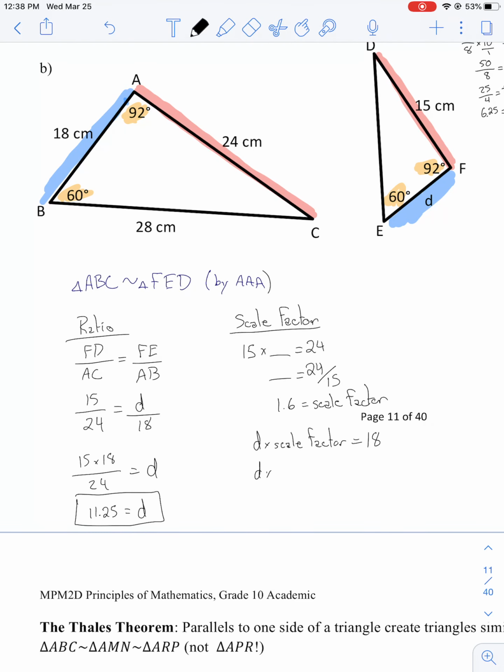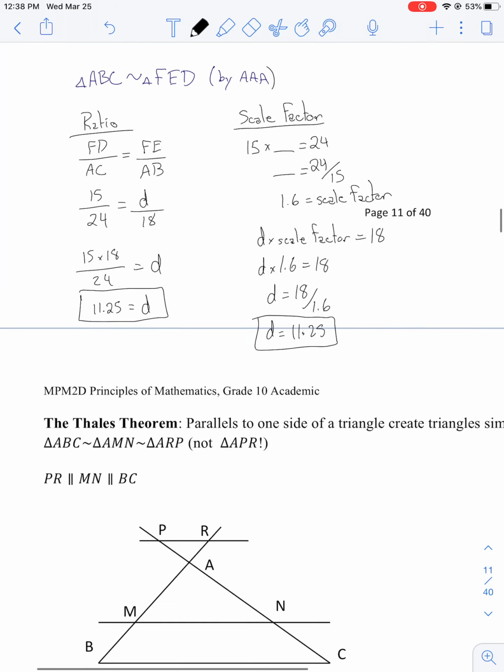So D times 1.6 needs to equal 18, or D is equal to 18 divided by 1.6. I'm going to double check that on my calculator. 18 divided by 1.6 is equal to 11.25. So we get the same answer. It is essentially the exact same thing, just different ways of writing it. We're probably going to stick to the ratio method more often than not.